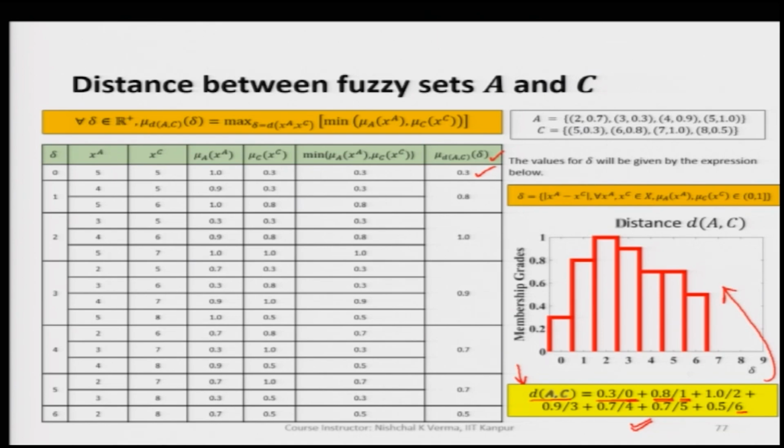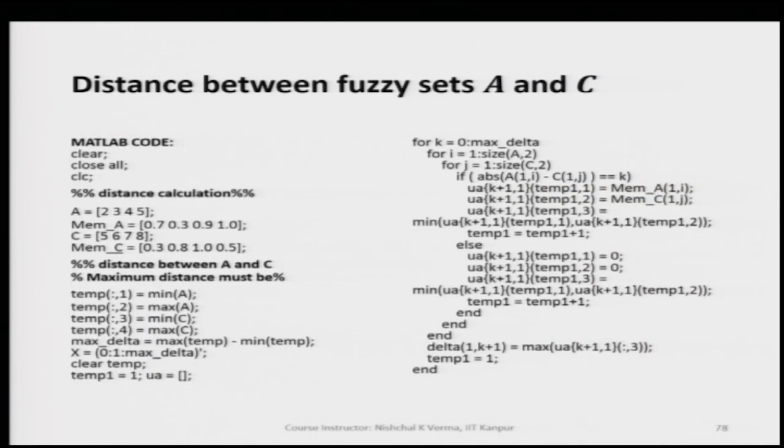Here also, for the distance between two fuzzy sets, we have the MATLAB code, and you can use it for computing the distance and also for plotting the resultant fuzzy sets.